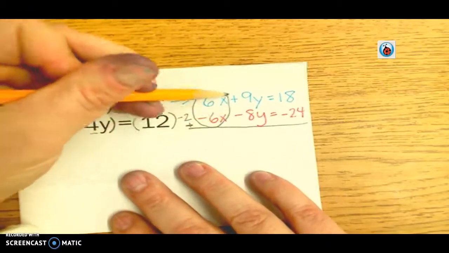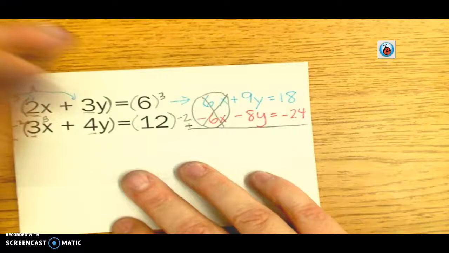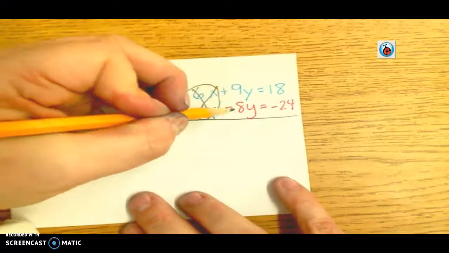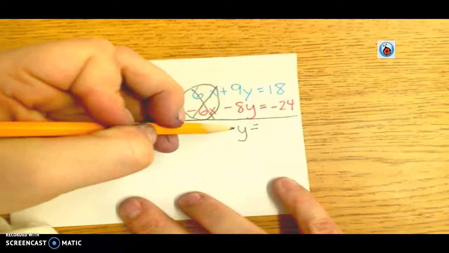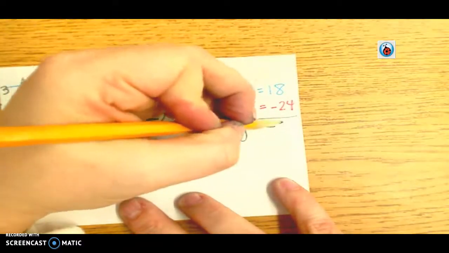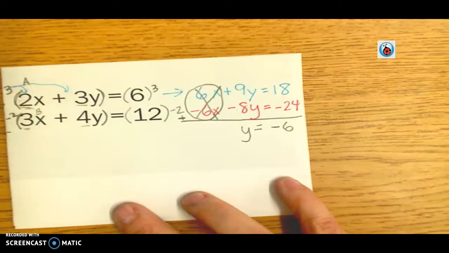And yes, my boss Paraso is happy. The x's have been eliminated. 9y minus 8y, nice and easy job there. Gives me 1y. And so y is negative 6. So now I go back and choose an equation to find that x value he's hiding out.